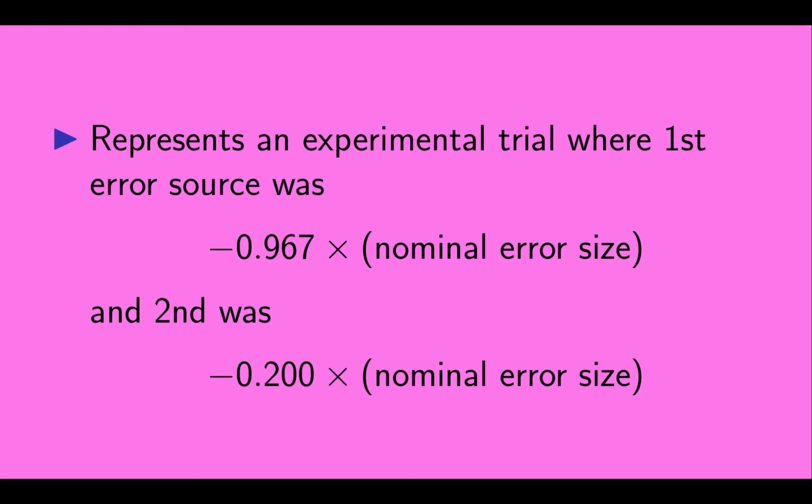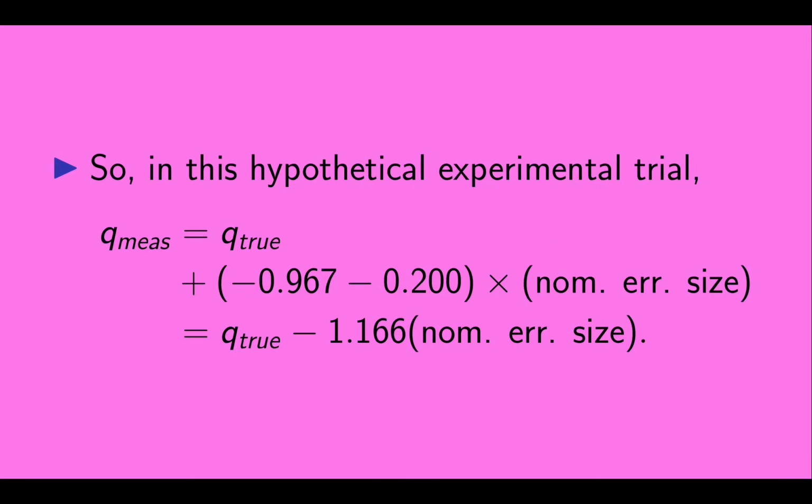This represents an experimental trial where the first error source was -0.967 times the nominal error size, and the second was -0.200 times the nominal error size. So, in this hypothetical experimental trial, Q measured comes out to be Q true minus 1.166 times the nominal error size.